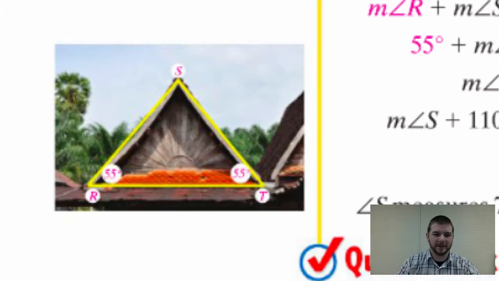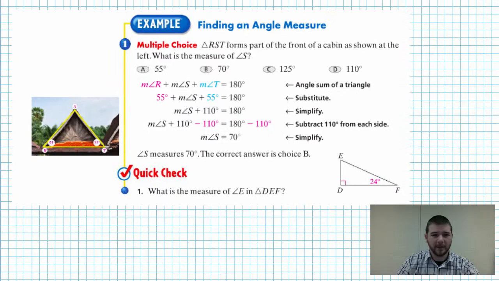But this was a fairly simple and straightforward question with nice numbers that rounded off evenly. In order to do a problem that's more complicated, we may have to use some algebra, or this could be a very good way to check our work. So let's check out the book's example of how to do this using algebra. We see the measure of angle R plus the measure of angle S plus the measure of angle T equals 180 degrees.